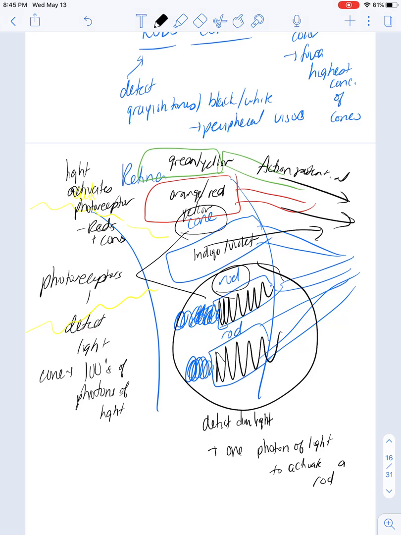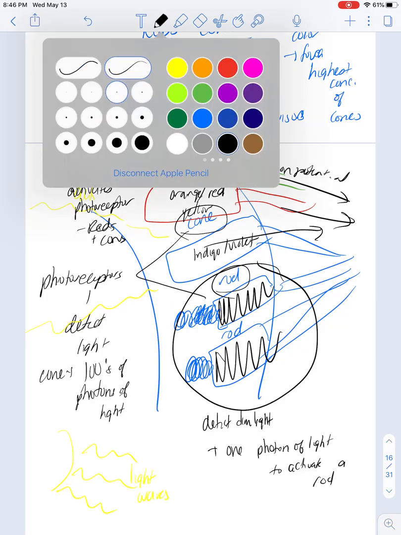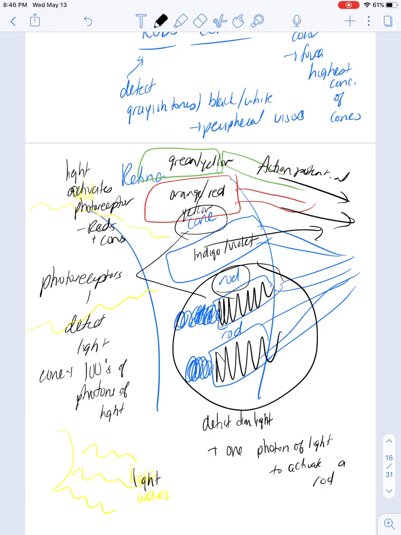I don't know if you know this, but if here's the sun beaming down on us, light travels in waves. You can't see that. Light travels in waves, and light can also travel as individual units called photons. That's what's really kind of weird about light and sunlight.